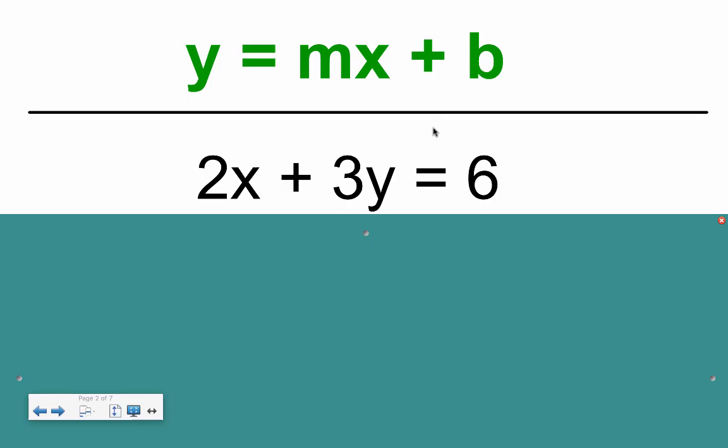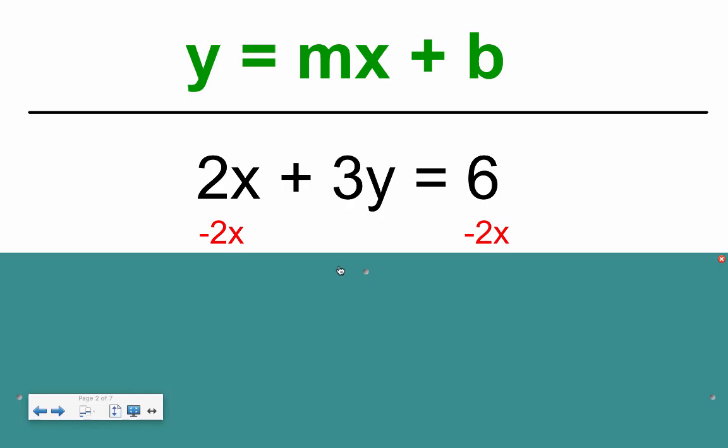So looking at the equation that I'm dealing with, I recognize that the y should be staying, but everything else over here has to go. So the first thing I'm going to do is take this 2x and work to move it to the right side of the equal sign. And in order to do that, I have to eliminate it from the left side. So knowing that it's a positive 2x, to get rid of it, I'm going to pair it with a negative 2x.